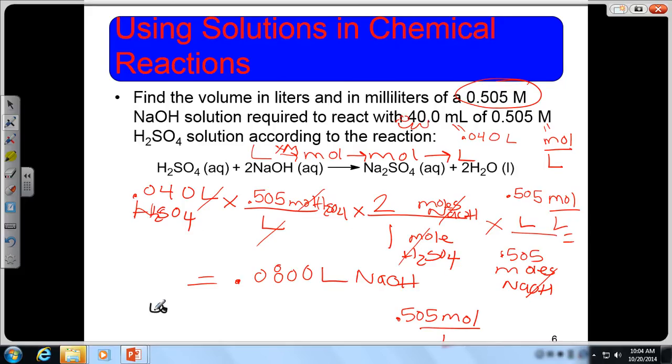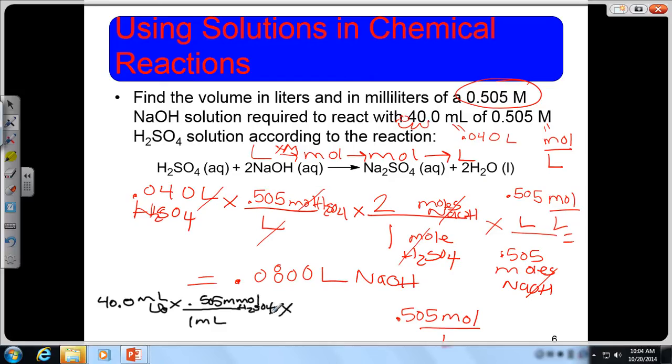Okay, so if we take, it's not letting me erase, so we're just going to have to leave that squiggly there. So if we take our 40 milliliters, it's the same thing.